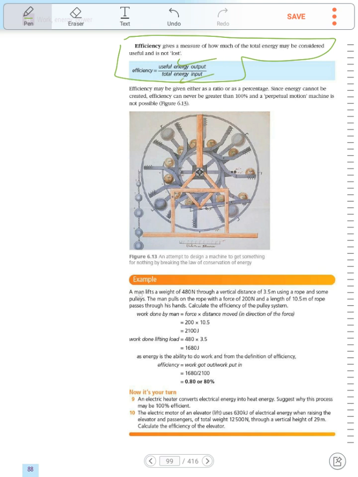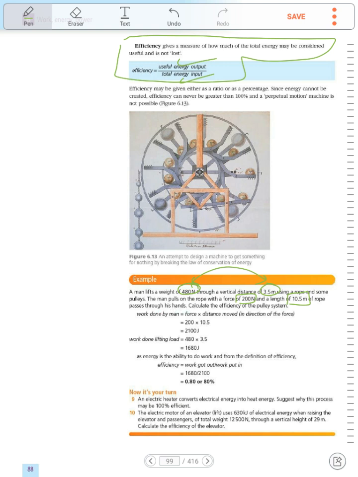Let's see this example. A man lifts a weight of 480 Newton, vertical distance 3.5. So the work, you multiply this by this. Using a rope and some pulleys, the man pulls the rope with a force of 200 Newton and a length of 10.5 meters of the rope passes through his hand. Calculate the efficiency of the system.